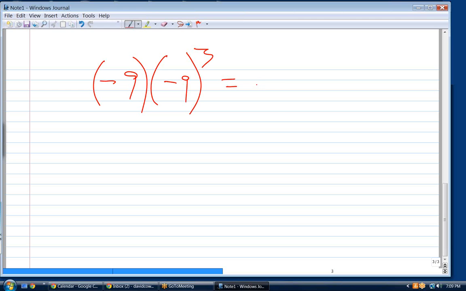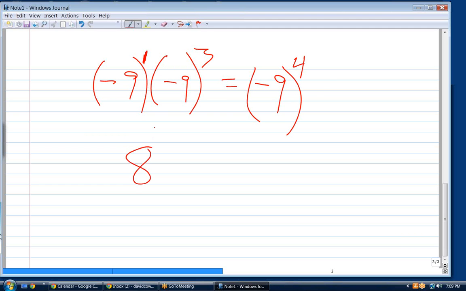So it'll just be negative 9 to the 3rd. Add the exponents. That exponent is 1. Yeah. It's to the 4th.